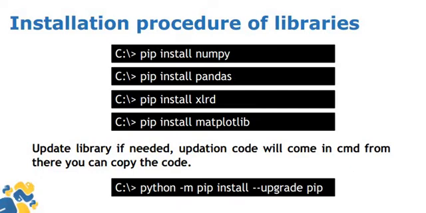Now if we want to use data that is not declared in our program, but is coming from an Excel file, XLS file, XML file, or JSON file, what do we have to use? We have to use NumPy, Pandas, XLRD and matplotlib.